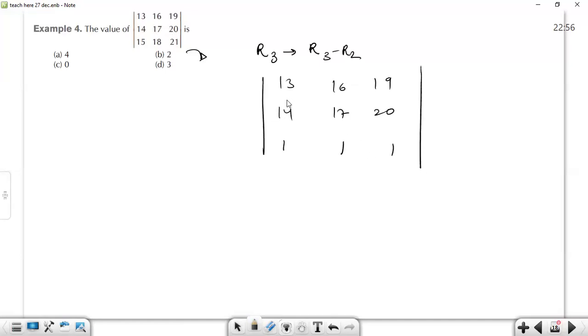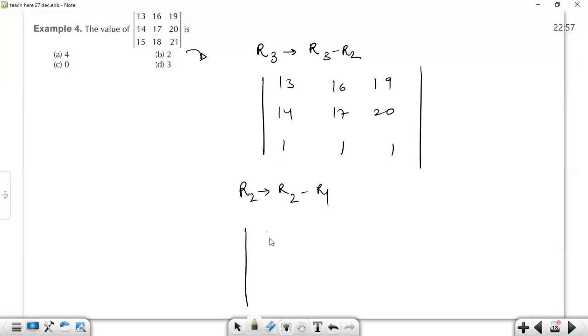We can also observe the same pattern between row 2 and row 1. And remember that we can apply a single operation on a single row only once. So now let's apply the operation on the 2nd row. We'll subtract the first row from the 2nd row.